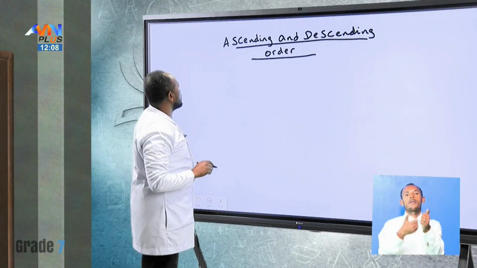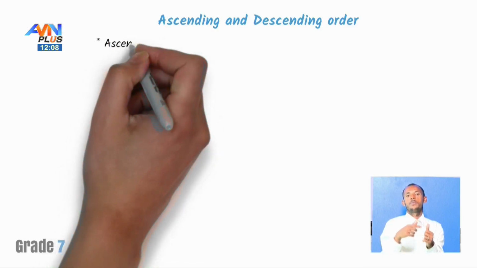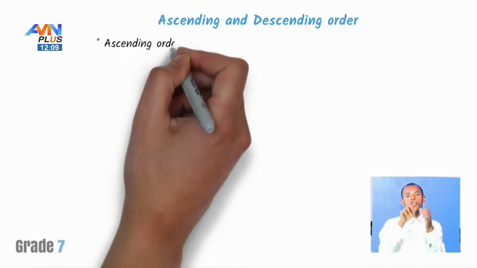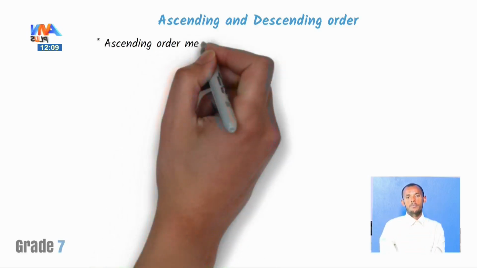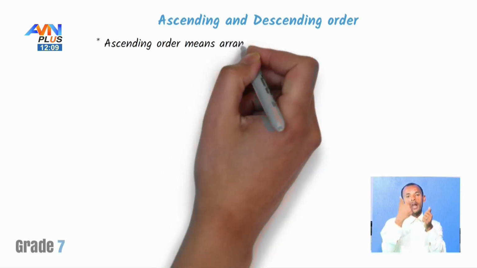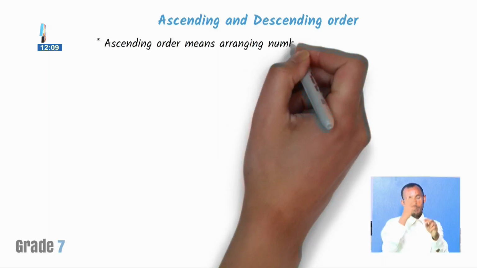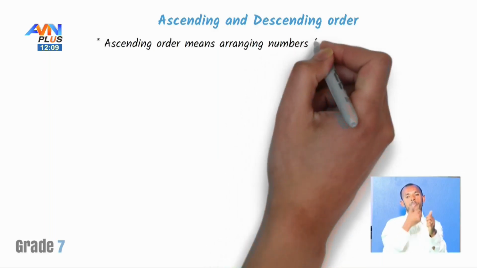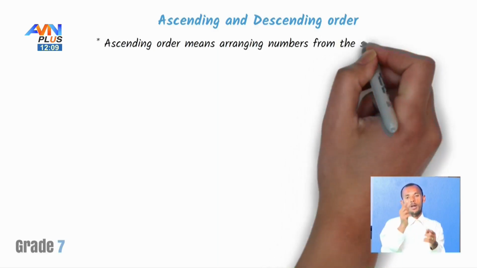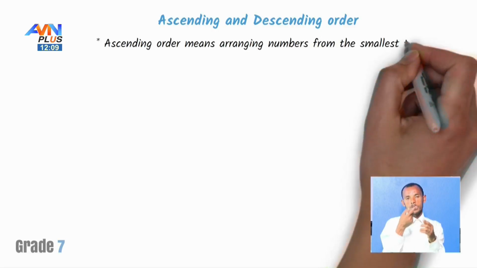The first one, ascending. Ascending order means arranging numbers from the smallest to the largest. So ascending order means arranging numbers from the smallest to the largest.